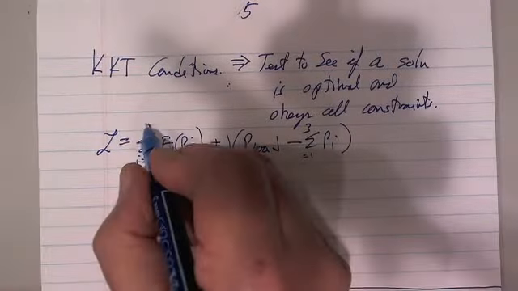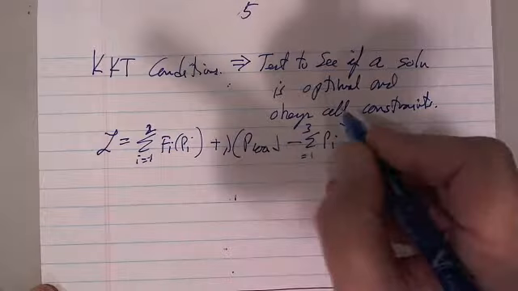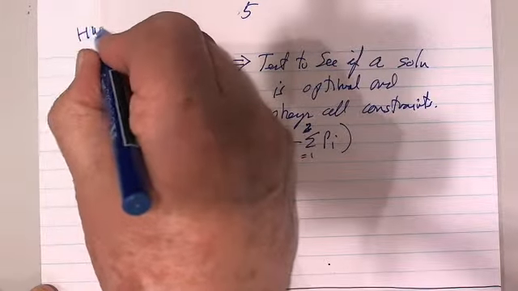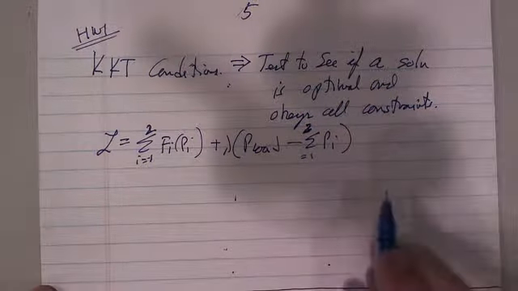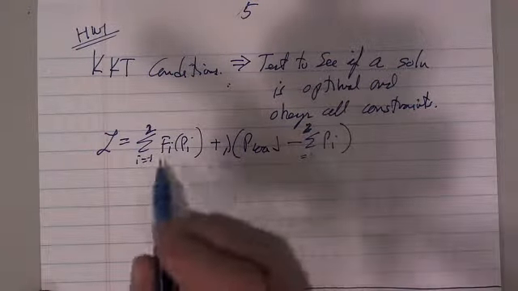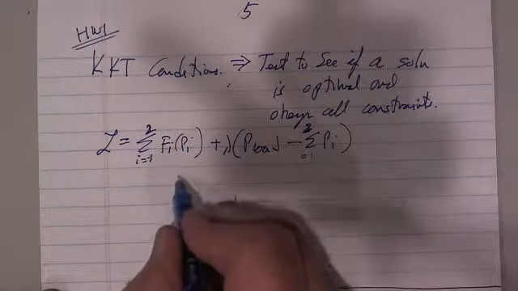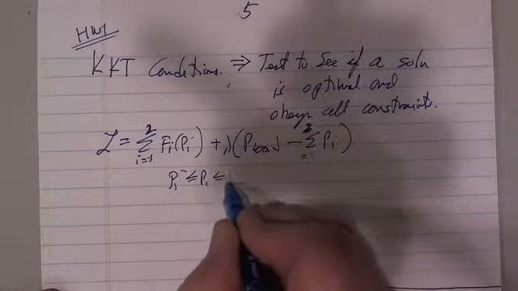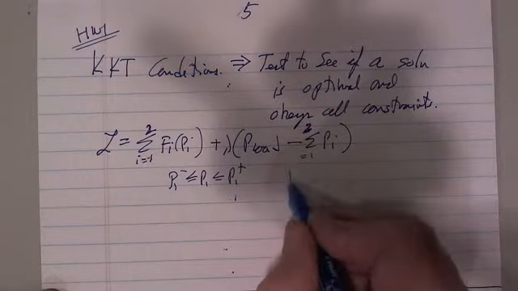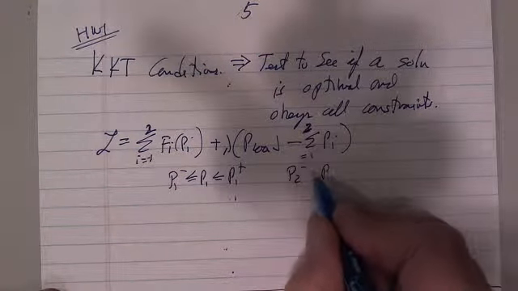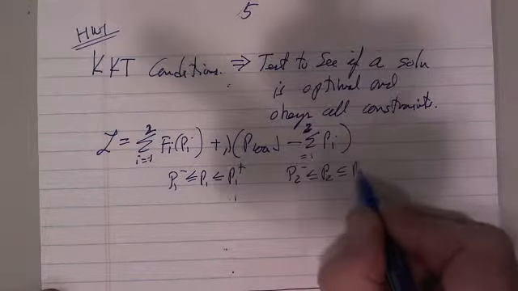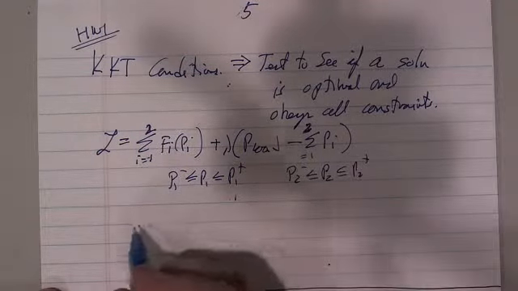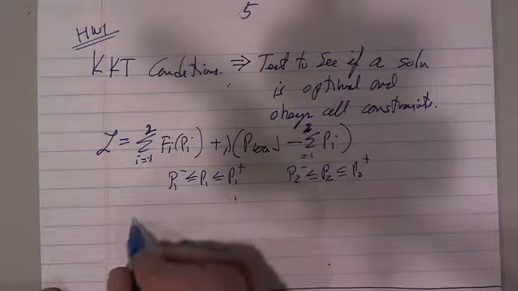Oh, I'm sorry, we're doing the homework problem, so this is 2 up here. We're still doing homework 1. Pardon me. So we've got 2 generators, and so we've got to worry about P1 minus less than or equal to P1 less than or equal to P1 plus, P2 minus less than or equal to P2 less than or equal to P2 plus. And the way you do this is you add to this the following.